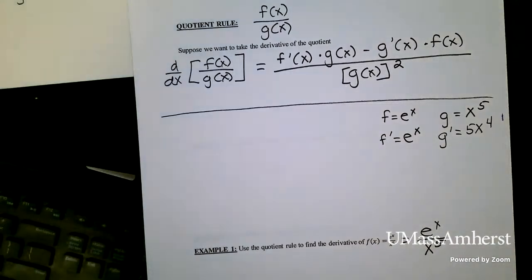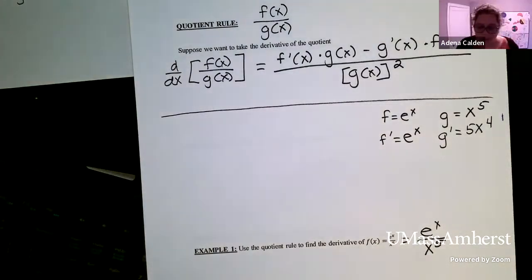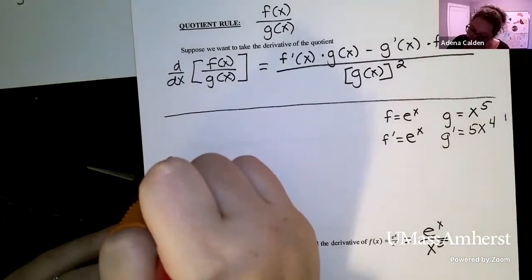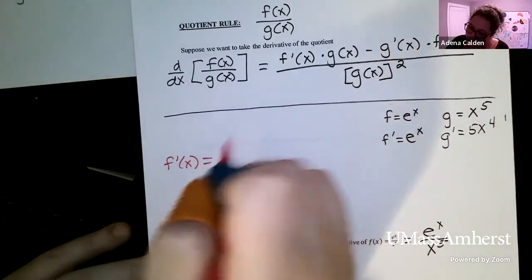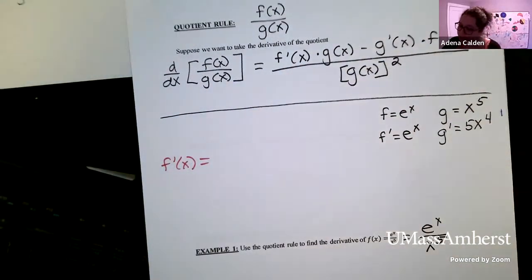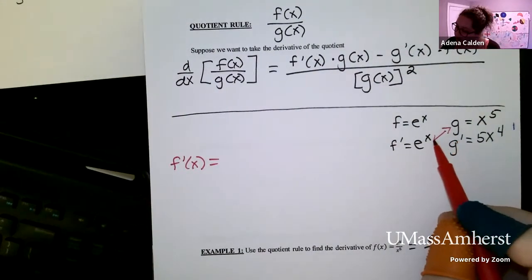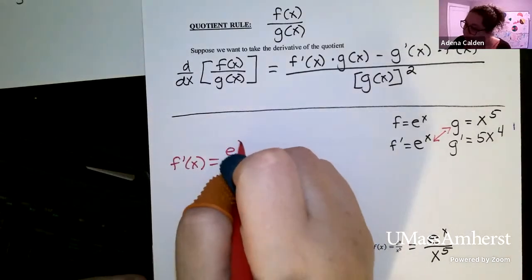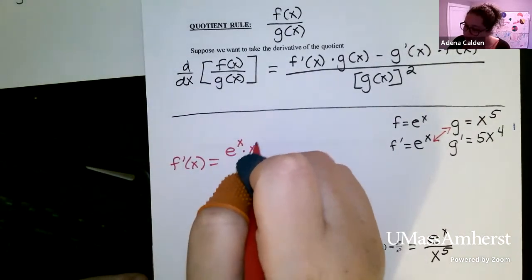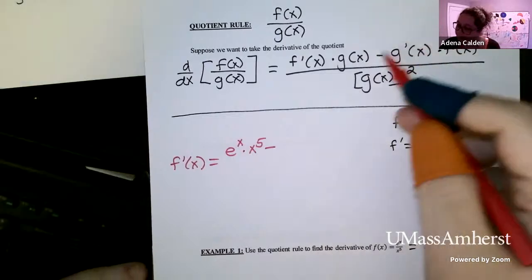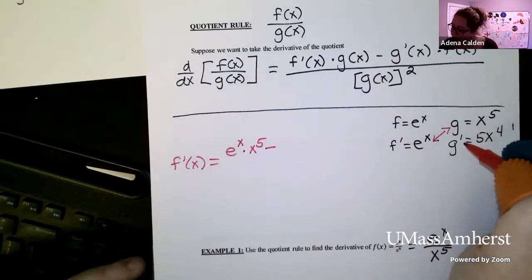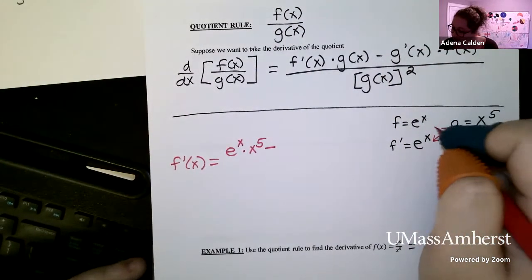Now we have to plug it into the formula. Okay, so our formula here says we're going to do f prime of x times g. So f prime of x times g, we get e to the x times x to the fifth minus g prime of x times f of x.